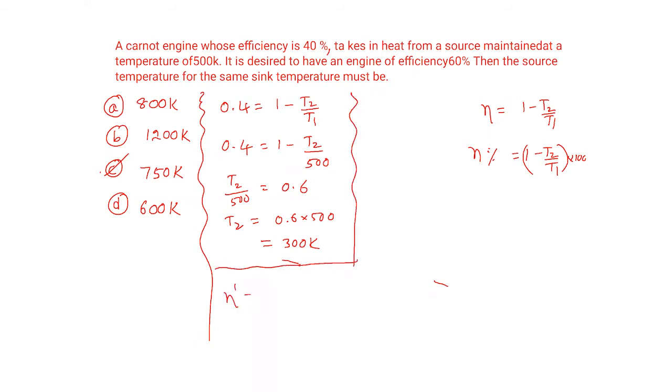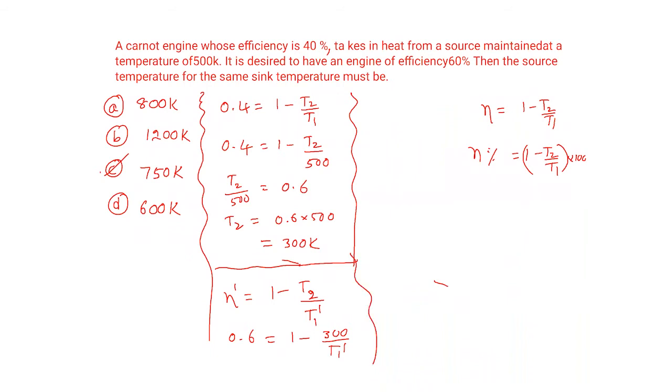In the second case we are not changing the T2 value, and the efficiency should become 0.6. They gave percentage efficiency; simply, efficiency was 0.4. So new percentage efficiency is 60%, or efficiency is 0.6. We are not changing the sink temperature, only the source temperature. 0.6 should be equal to 1 minus 300 by T1 dash.